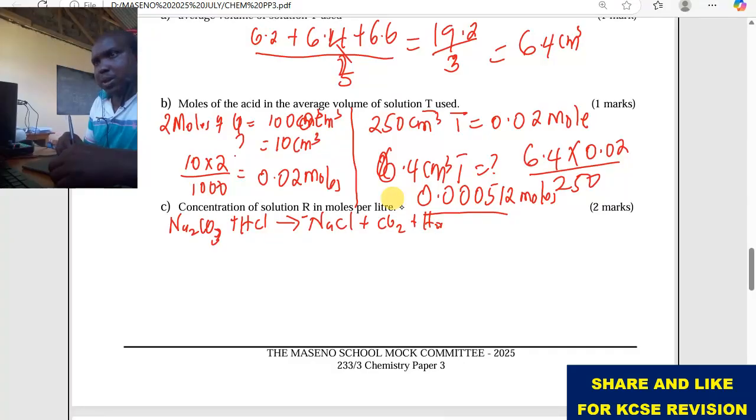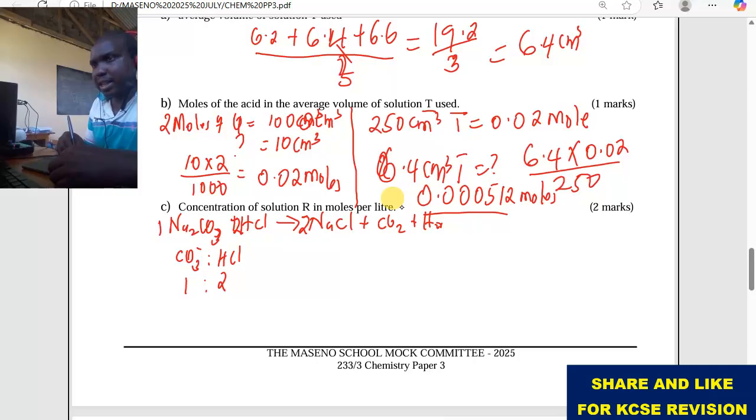But you see here, we are going to have 2 here and we are going to have 2 here. So therefore, the ratio of carbonate to HCl is 1 to 2. That is very important, which means that the solution that reacted is the HCl.